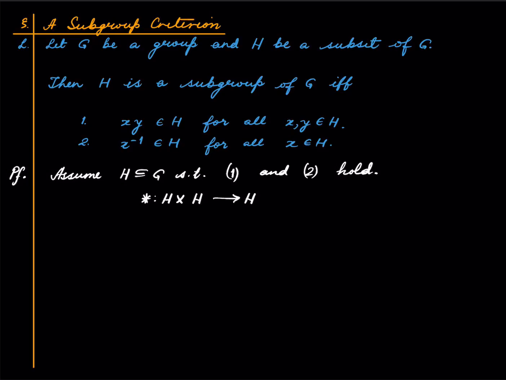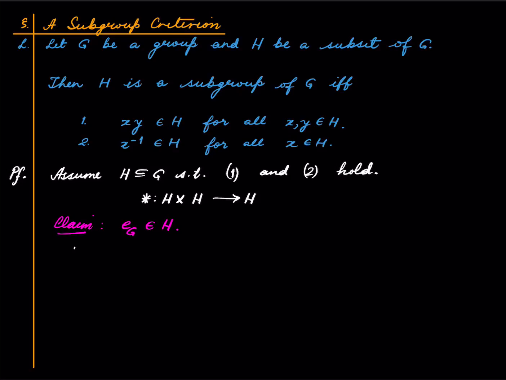Okay, and of course, again, this is legitimate because of 1. So first of all, we will show that the first claim is that the identity of G is in H.